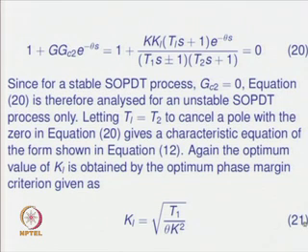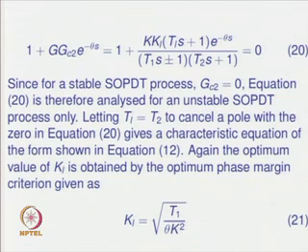For stable processes, you need not worry, we do not use the controller Gc2. So, the parameters KL, TL are 0. But for an unstable process, what will happen? We will get the characteristic equation now in the form of 1 plus K KL divided by (T1 s minus 1) equal to 0.